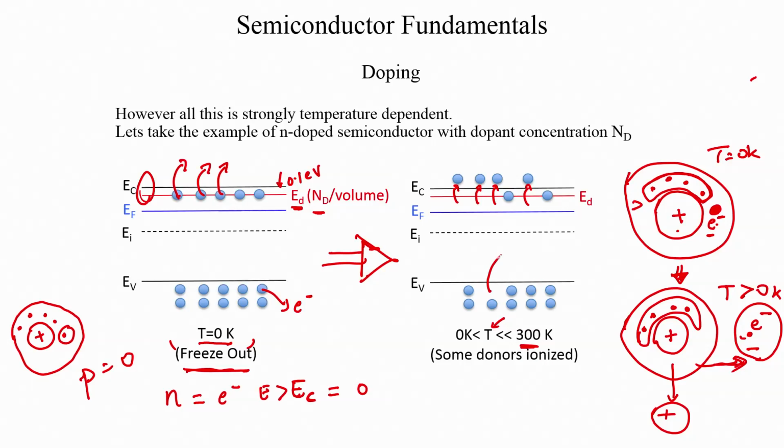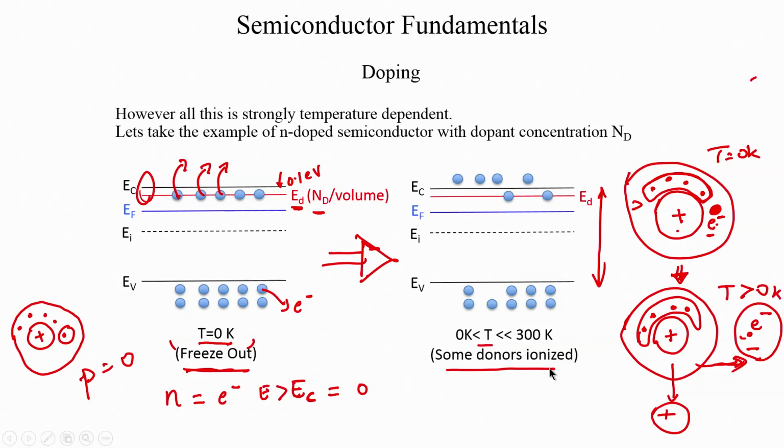You might find one or two that could statistically collect enough energy to get past the energy gap, but this gap is almost 10 times that gap, and therefore, that count is going to be very few. So, we have shown say 4 of them escaping this and maybe just 1 escaping the valence band. But the numbers are going to be much different. So, that is what happens when you start to increase the temperature slowly.